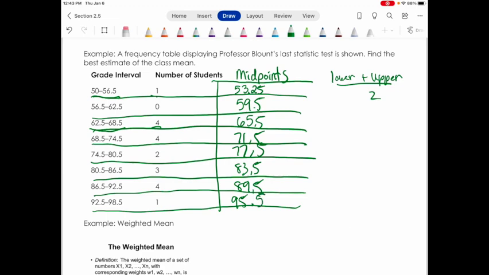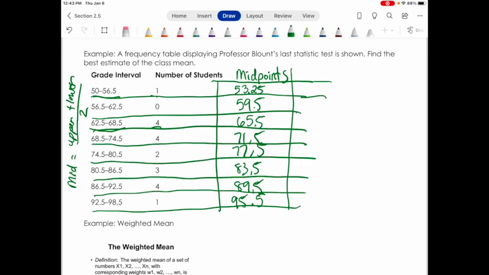So these are all my midpoints. Then what we're going to do, actually, I need to erase this so I have more room. Let me put that somewhere else. I'll put it over here. The midpoint is the upper plus the lower divided by 2.